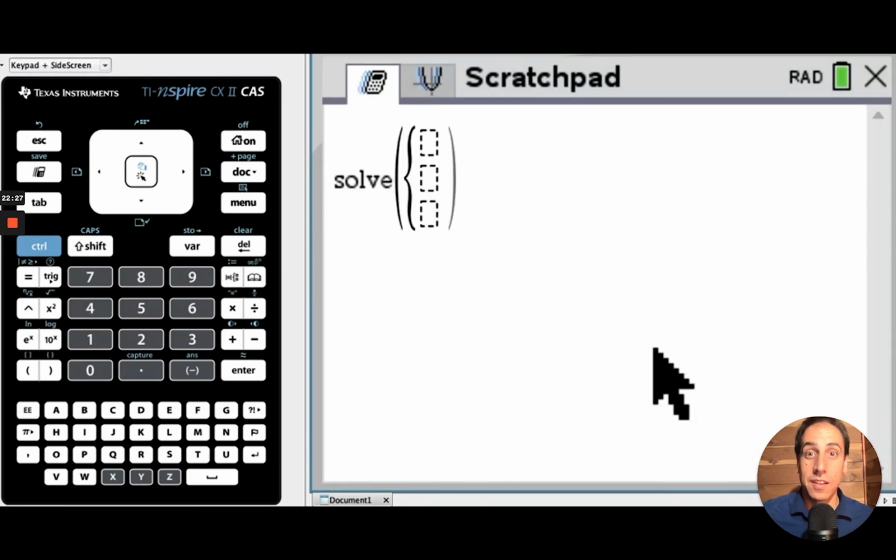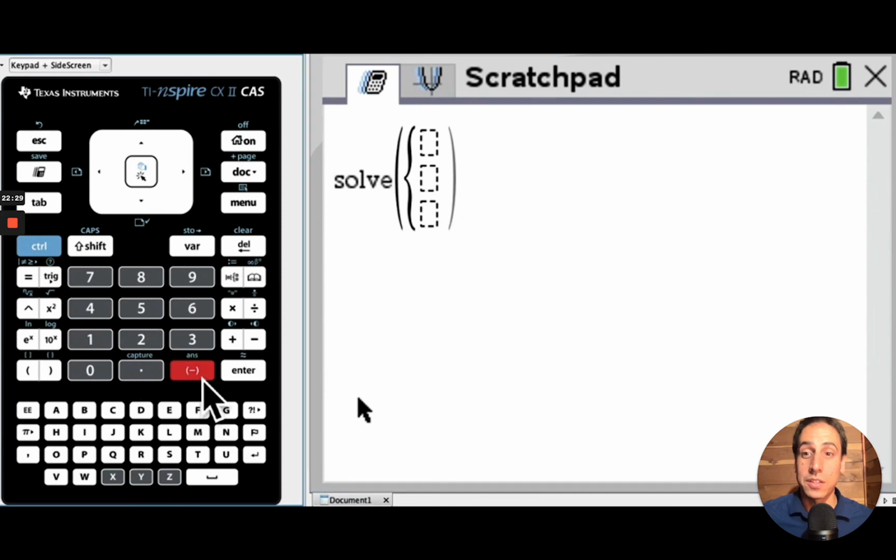And type in our equations. I'll do one from the example, one from the notes. Negative 2x plus 2y plus 5z, and then the equals button, negative 3. Down.